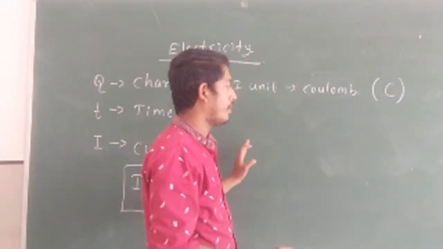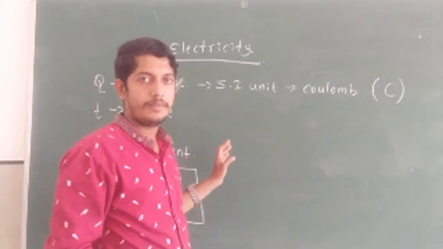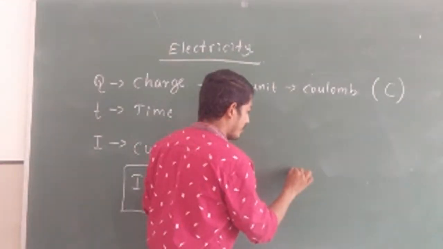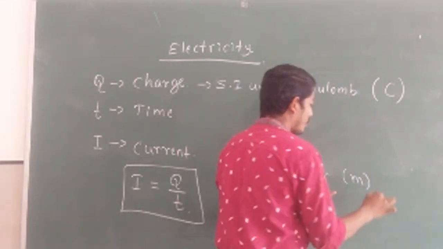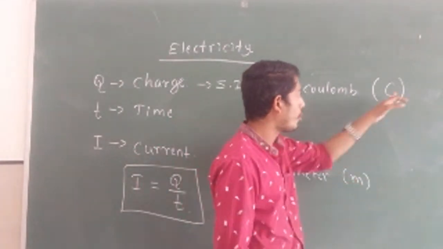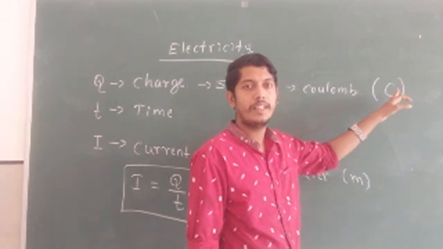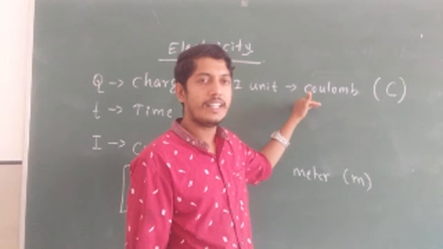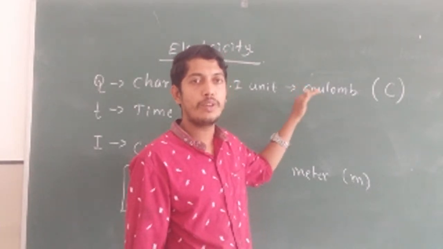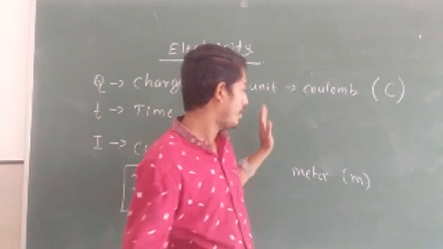For example, for meter we simply write a small m. Just like the small m, here it is capital C, known as coulomb, and C is used to represent the charge.